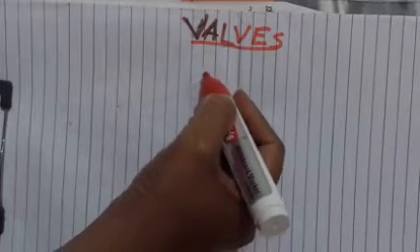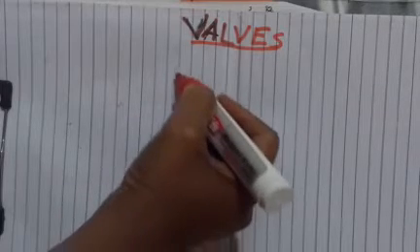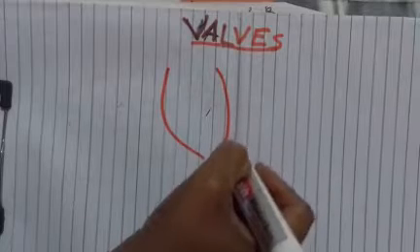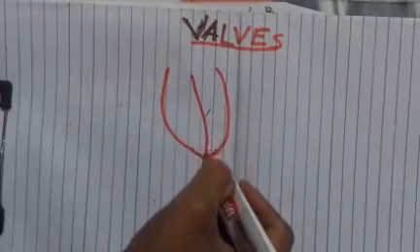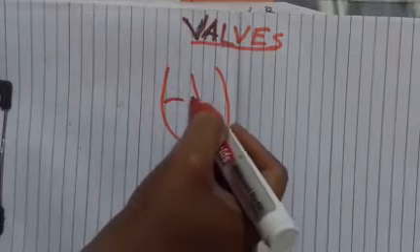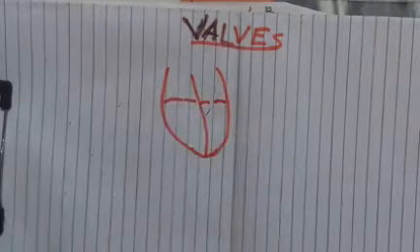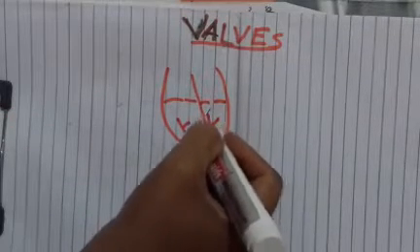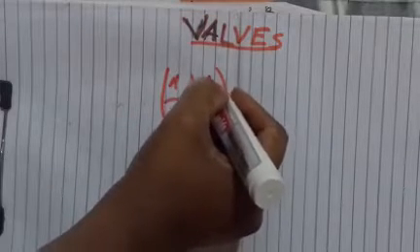So the heart has four chambers: upper chambers, the auricles, and lower chambers, the ventricles.